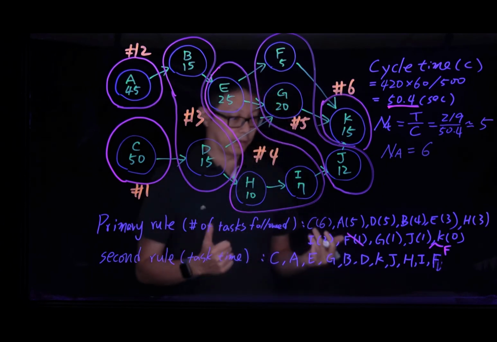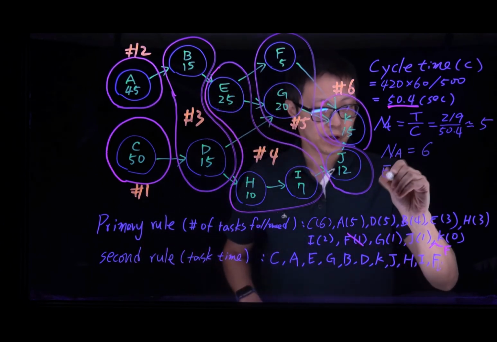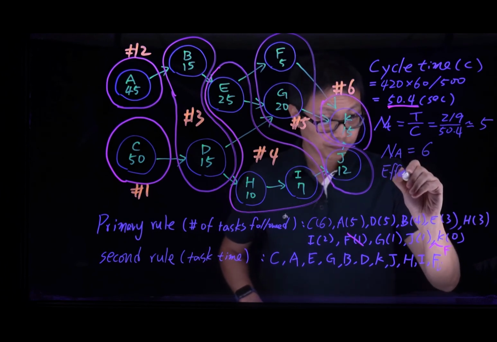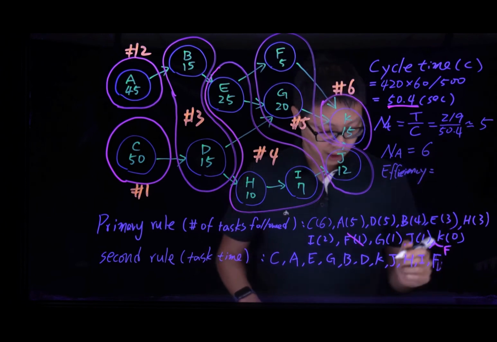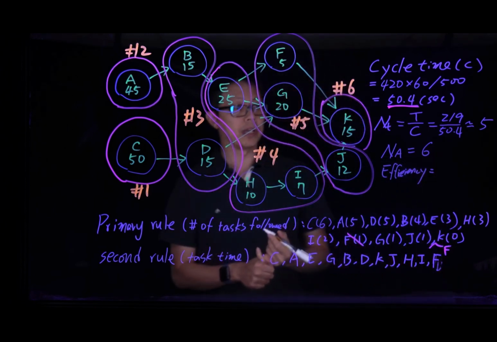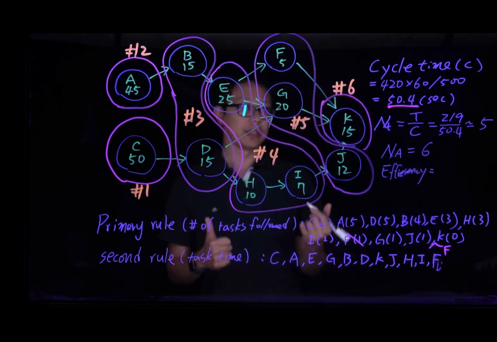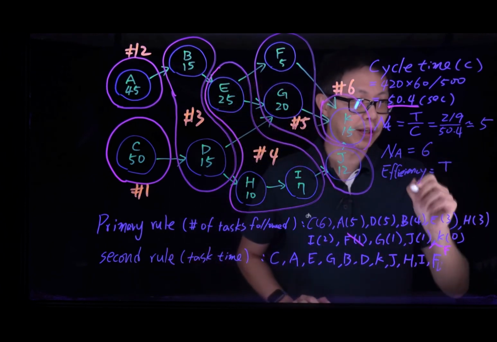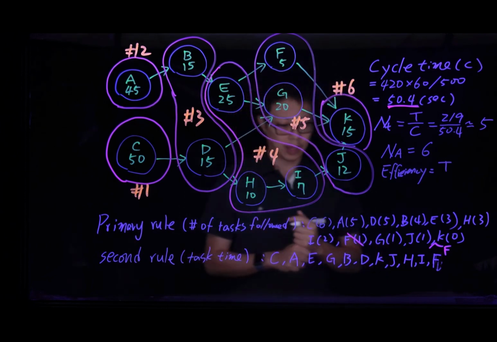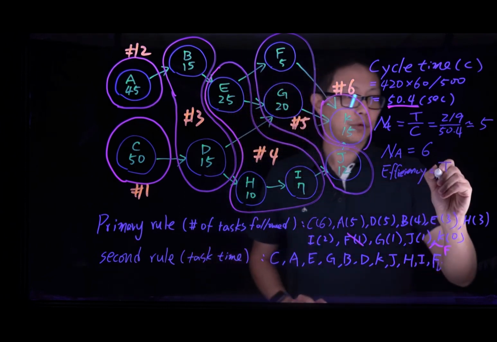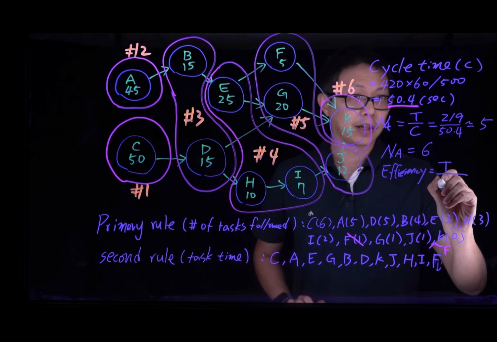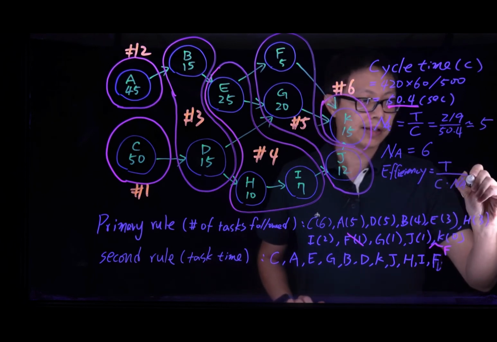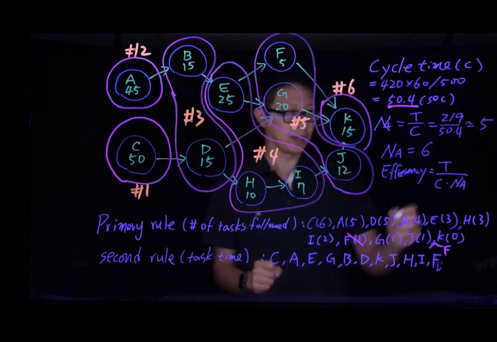Then we can calculate the efficiency. How do we calculate the efficiency? Efficiency will be the total time that you will need to finish 1 toy. In this case, it will be T, which is 219. And we also want to know theoretically the cycle time is 50.4. If I have 6 workers, that's the total time available to the company.